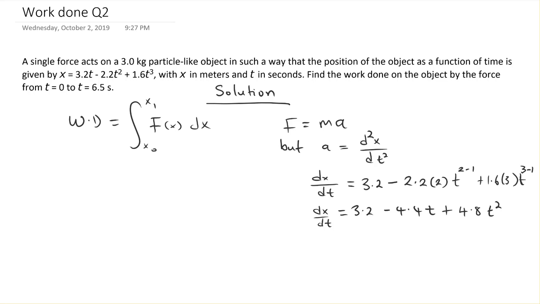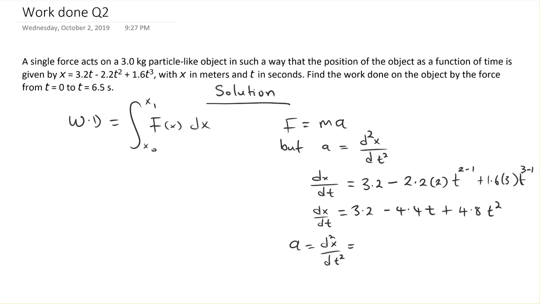Now we're going to take the derivative of this expression again. So we have a, which is given by d squared x/dt squared, the second derivative. When you find the derivative of a constant, it goes away.